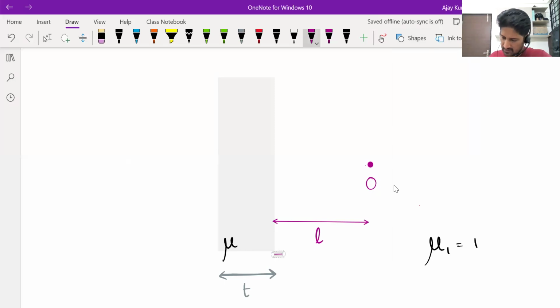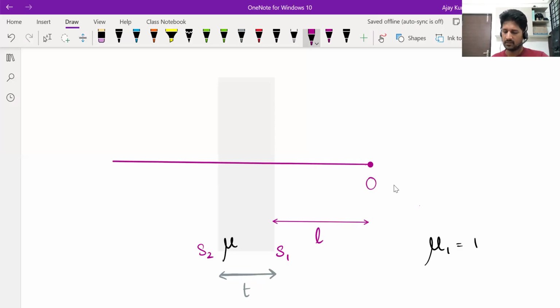One at this surface, let's call the first surface S1 and the second surface S2. Both are flat surfaces. We can take one ray like this, which undergoes normal incidence and passes without any deviation.